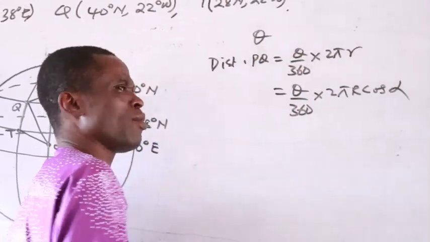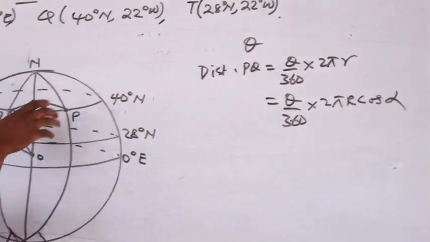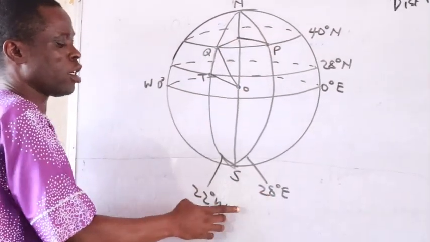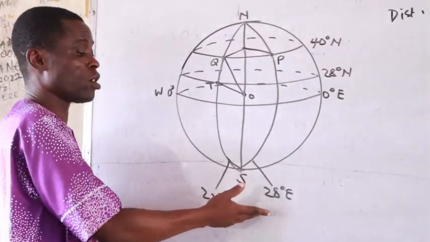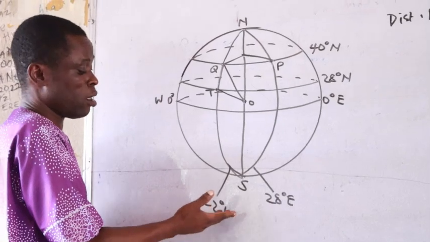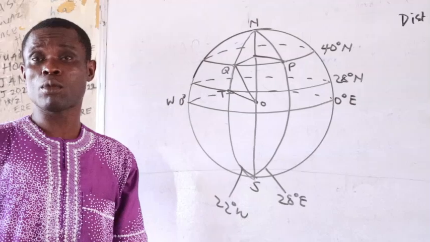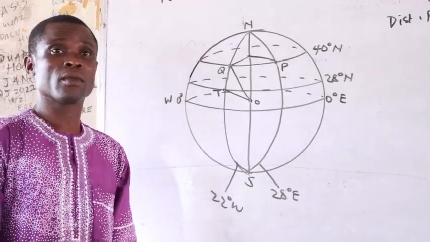Now let us get the angular difference. You can place your fingers on P and Q and trace it down. These are the two values one can use to get the angular difference. We have 22 west and we have 38 east. Are we going to add or subtract to get the angular difference? Add.